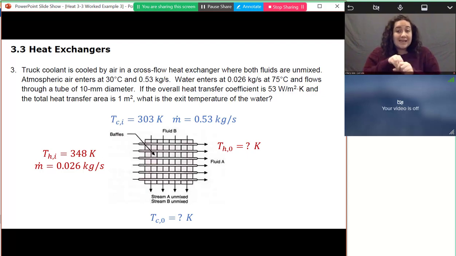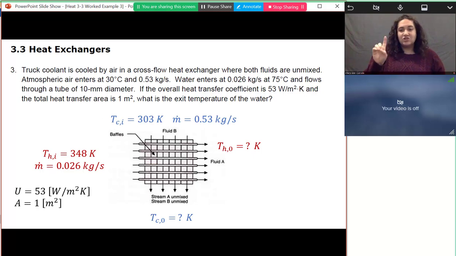So this is one of the times where, even for complicated geometries, you can use the log mean temperature difference. You just have to look it up on some kind of ugly table and try to graphically read it. So I think effectiveness-NTU is a good idea for these complicated geometries. But here, because we don't know either outlet temperature, we would not be able to use the log mean temperature difference, even if we were willing to look up on a chart or something.